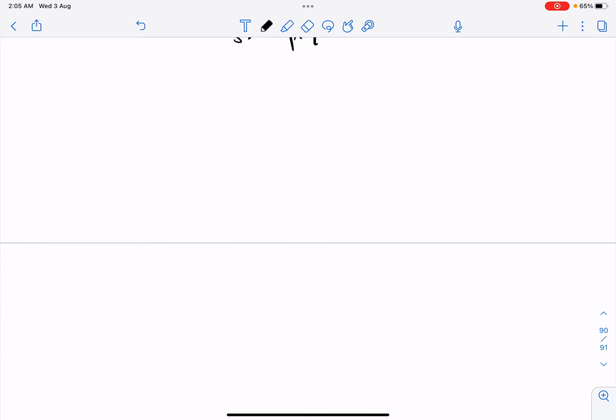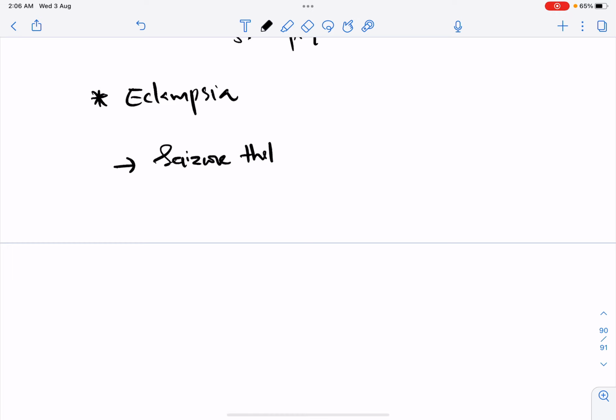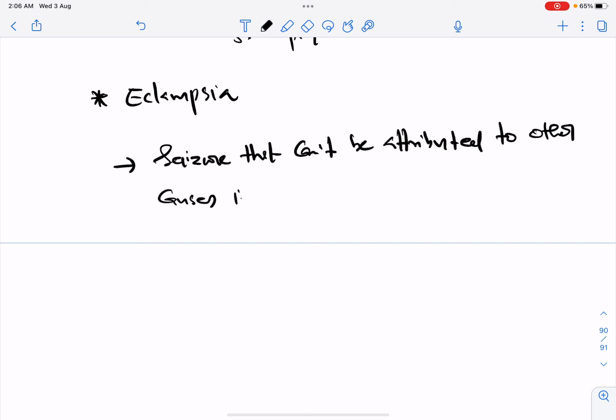So that's all about preeclampsia, and now we are moving on to eclampsia. The definition of eclampsia: seizure that cannot be attributed to other causes in a woman with preeclampsia.